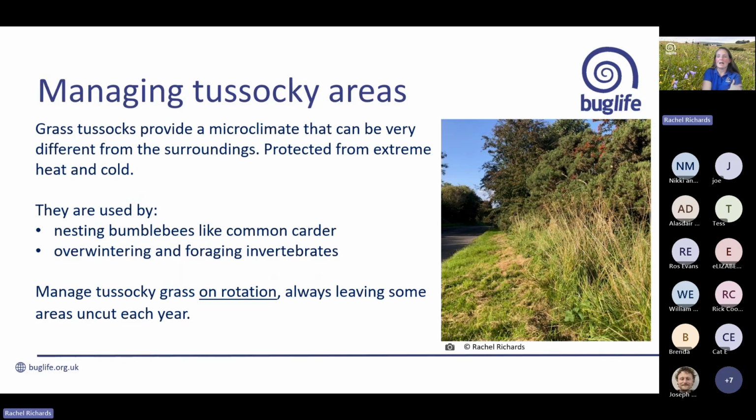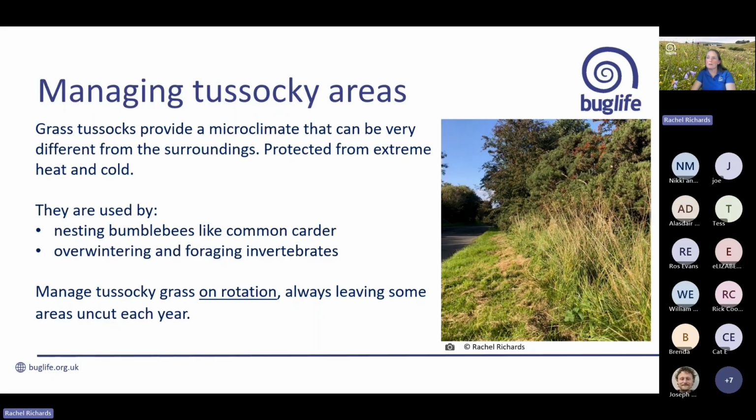And then tussocky areas. When we were talking about bumblebee nesting habitat, this tussocky grassland is a really important nesting habitat for things like common carder, but it's also overwintering for spiders and bugs and grasshoppers and all sorts of things. So it's good to have some of those uncut tussocky areas as well, but cut those on rotation.